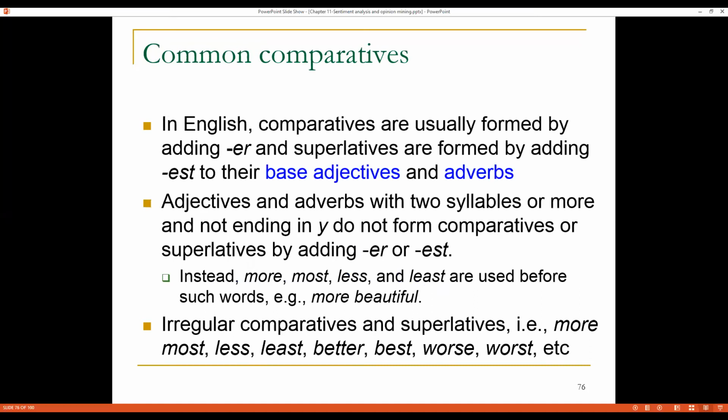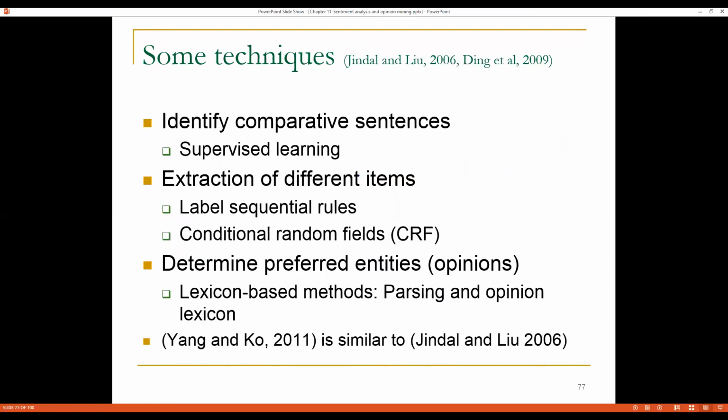Instead, more, most, less, and least are used before such words. For example, more beautiful. You wouldn't be able to say beautifulest or beautifuler. Irregular comparatives and superlatives use more, most, less, least, better, best, worse or worst.